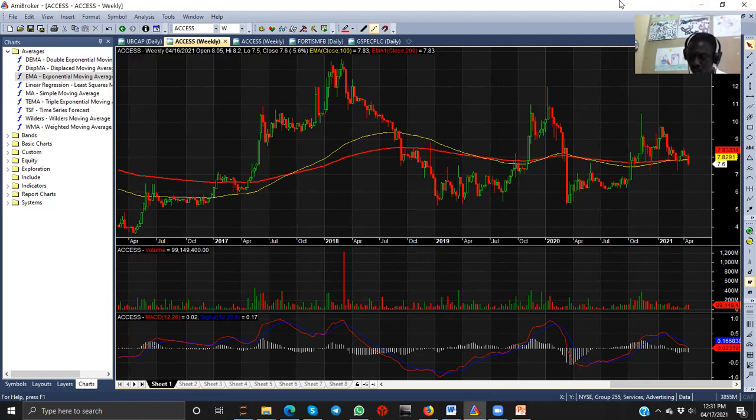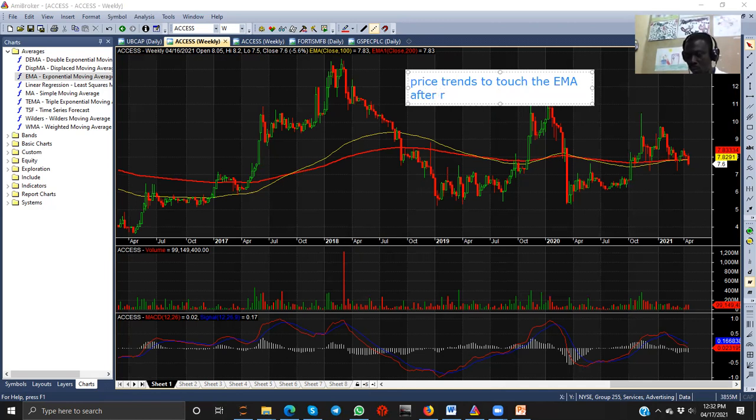In actual fact, when the price tries to touch the moving average, the EMA, after it has rallied up, then you say the MA is serving as a support.